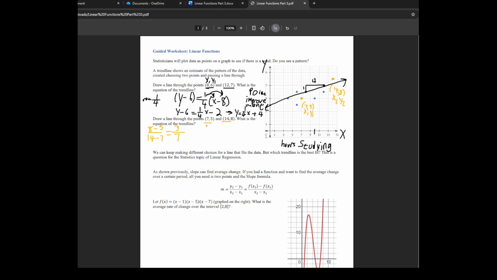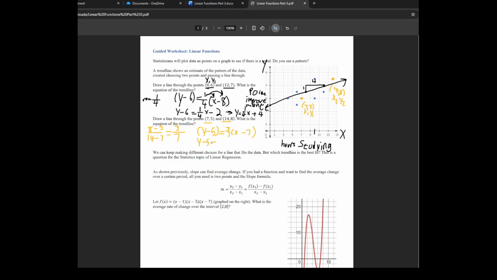In order to get the equation, we're going to do the same thing. X1 and Y1, just plug those straight in. So y minus 5 equals m, or 3 over 7, times x minus x1, or x minus 7. All right, and we're going to get this in slope-intercept form as well.